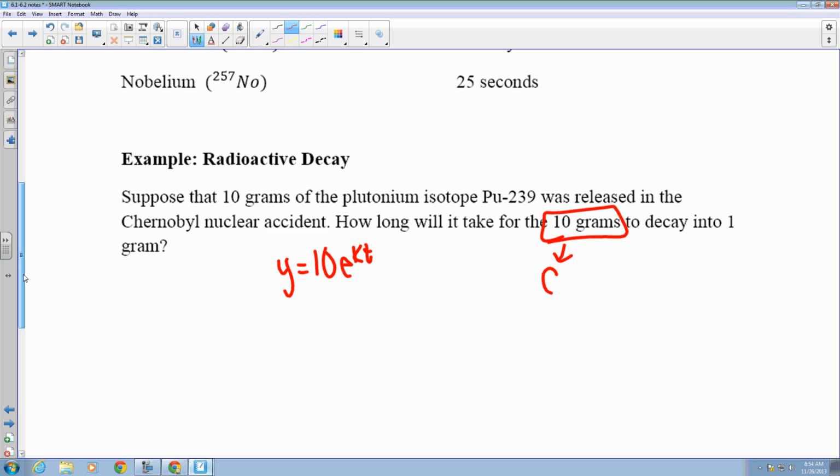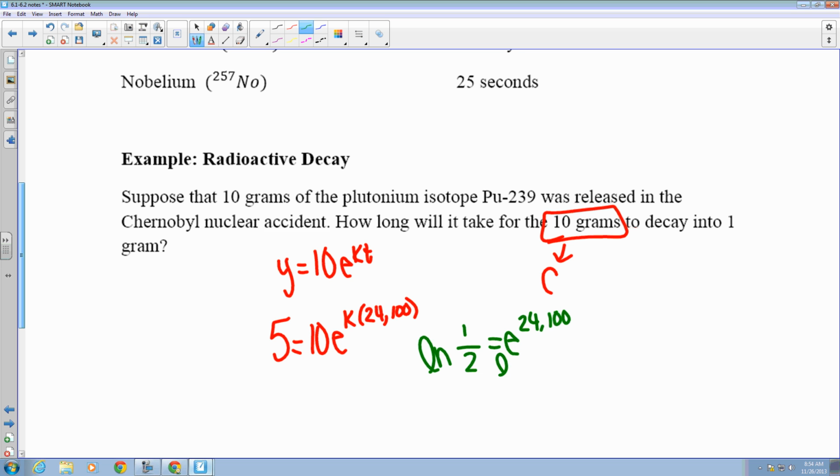So if it's 24,100 years, then our y would be half of what it is now, so it would be 5 in 24,100 years. Take the natural log of both sides. K is equal to the natural log of 1/2 divided by 24,100.